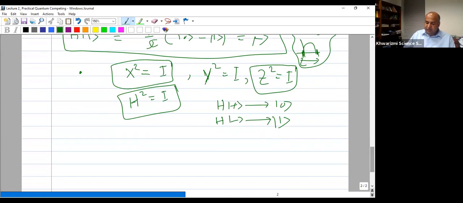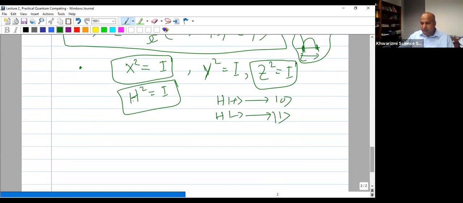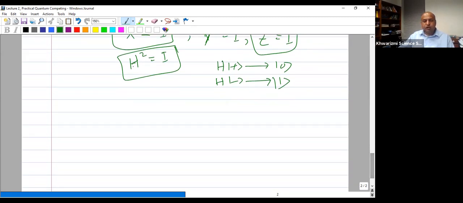So it means that Hadamard squared is also an identity. Though not all 2 by 2 gates are identity when applied twice, these fortunately happen to have this property that if you apply these gates twice, you get identity. So this is something that we exploit a lot in quantum algorithms as well.